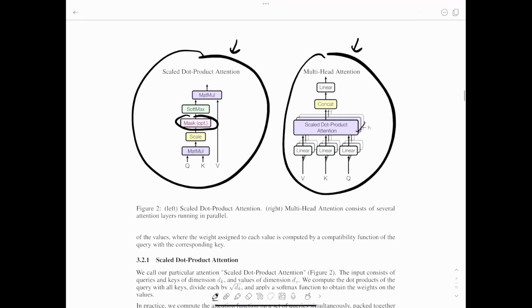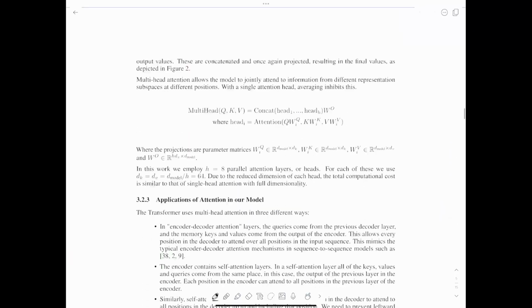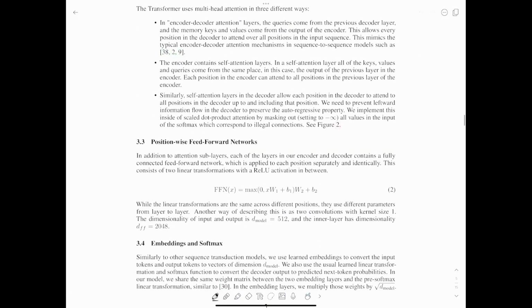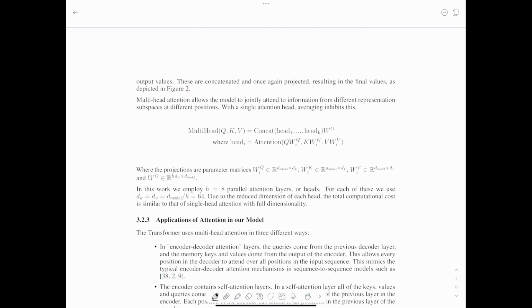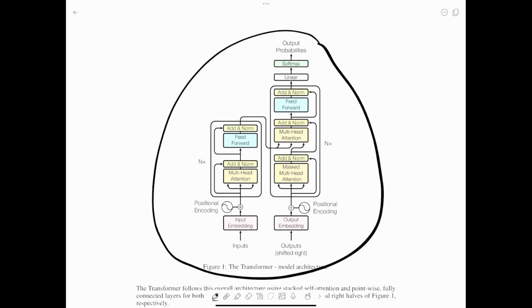So there's attention and multi-head attention. Let's now take a look at the transformer block. So the transformer block has multi-head attention, including possibly masked multi-head attention, and it also has this thing called add and norm.